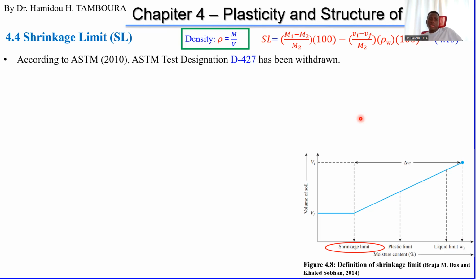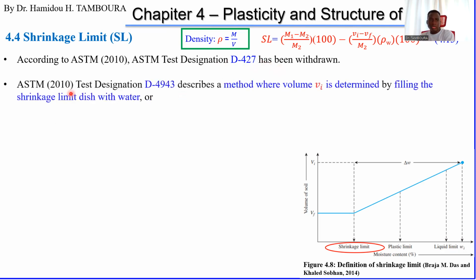I think they stopped using it in 2008. From 2010, there is another way to do it. The old designation D420 has been withdrawn. So the new one is D4943, this one.